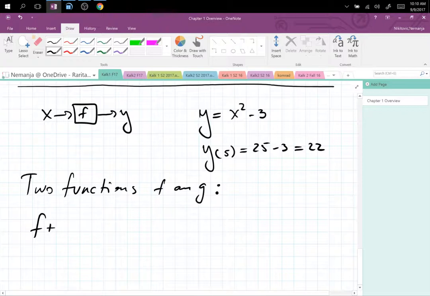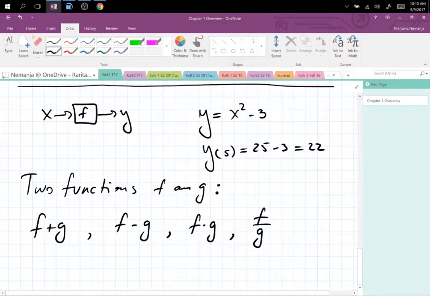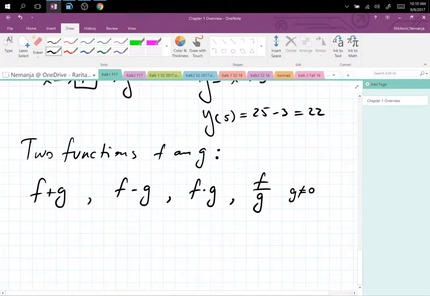I can add them, subtract them, multiply them, divide them, making sure g is different than 0. I can square root a function or put an nth root there. You can put a function to a power, f to the n.